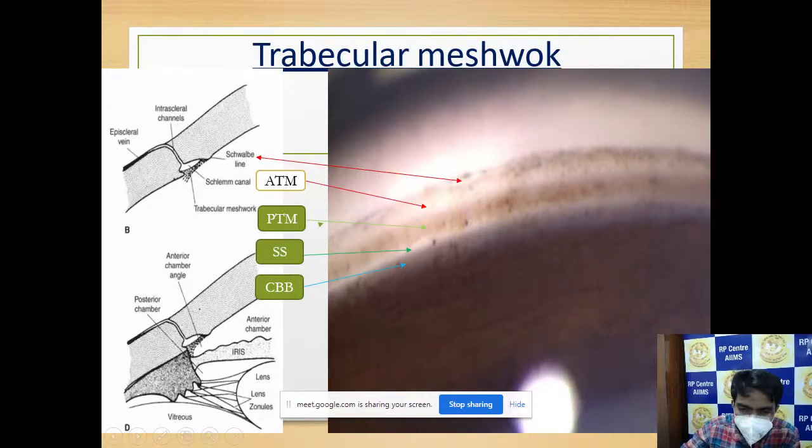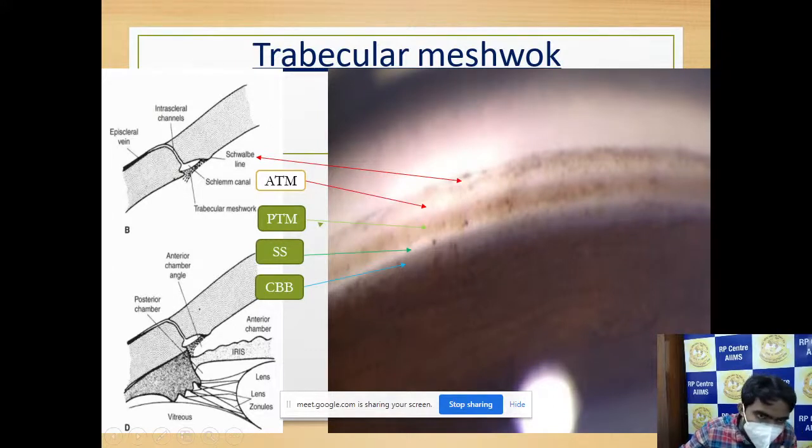Then there is a faint, broad white line called the scleral spur, and there is a brownish area where the iris meets the trabecular meshwork endothelial cells, that is called the ciliary body band.